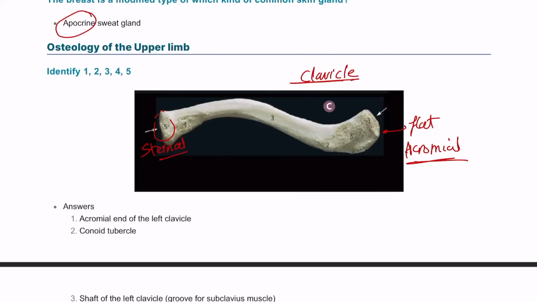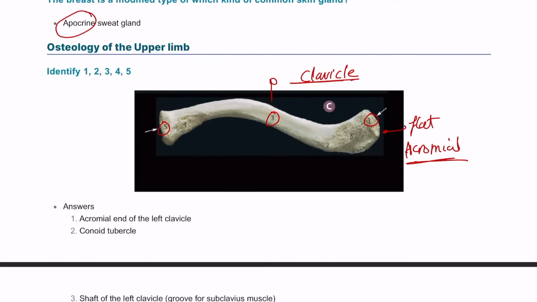And obviously the anterior surface will be convex in the medial two-thirds and concave in the lateral third. So this is anterior and that is posterior, okay? So identifying the structures in here, you have number 5 at the sternal end, and number 1 at the acromial end of the clavicle, and number 3 is the shaft of the clavicle.